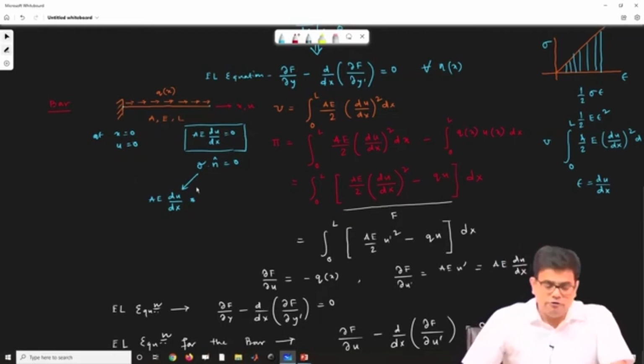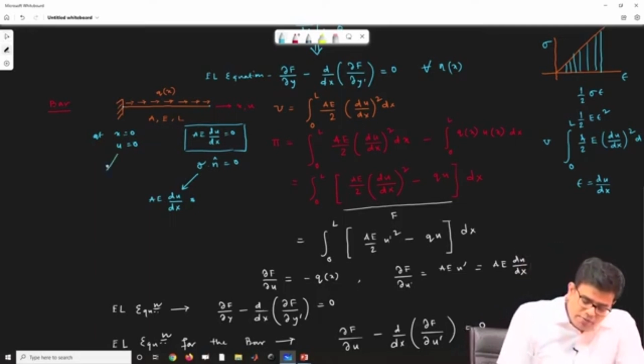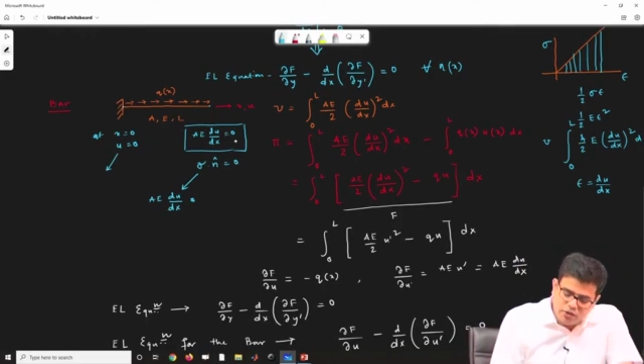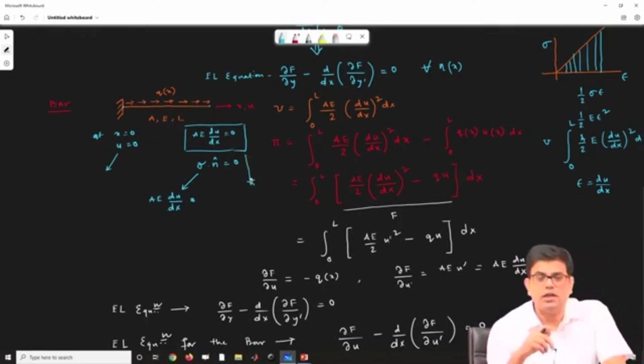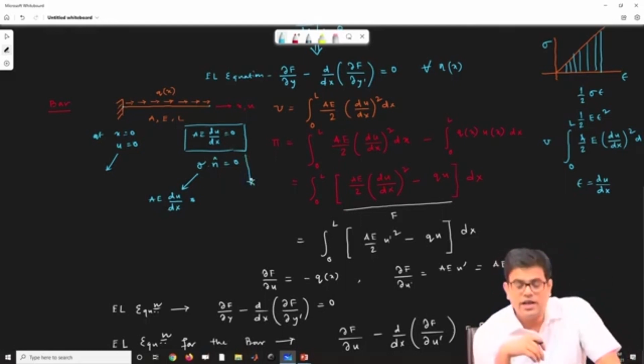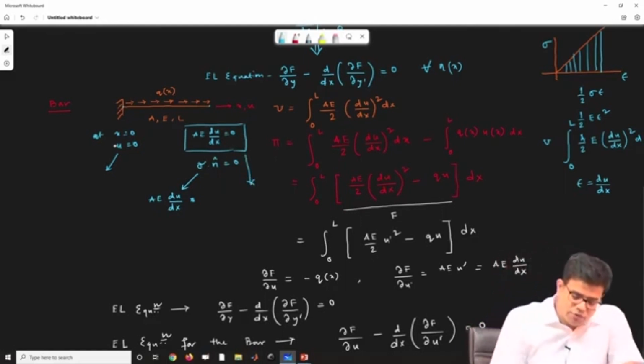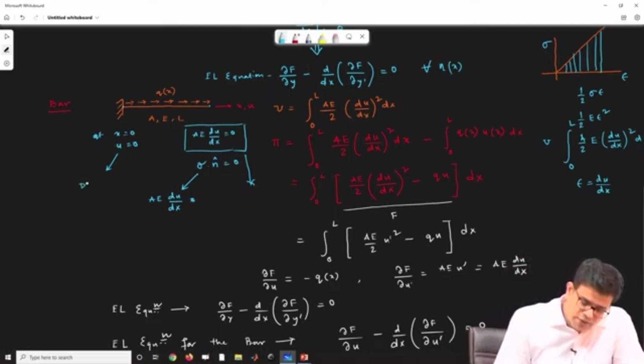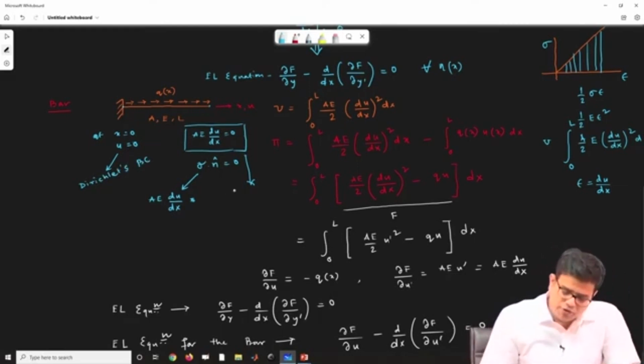If you look carefully, this is the displacement boundary condition, while this other one is the force boundary condition, or the derivative boundary condition. This type of boundary condition is known as the Dirichlet boundary condition, and this type is known as the Neumann boundary condition.